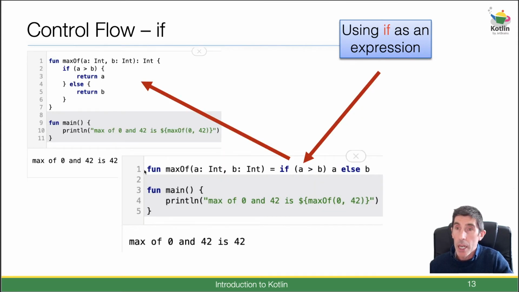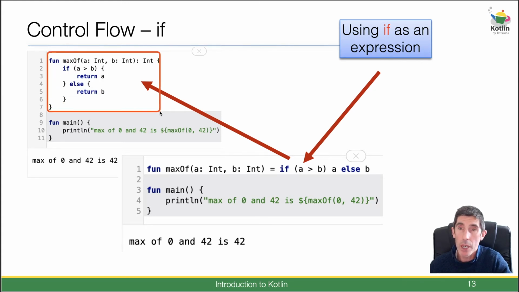If we want to use if as an expression, we can say something like the following. We can take this function here, which is our standard if and our basic if clause there: a greater than b, return a, else return b, and we can actually condense that down to the following.